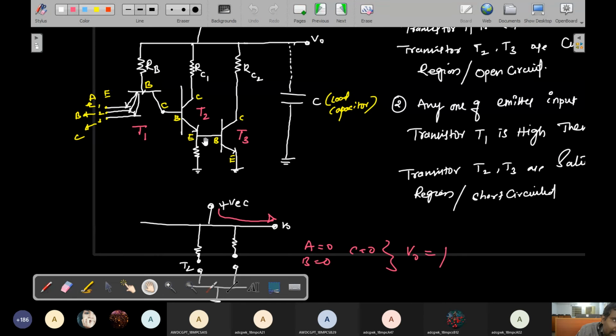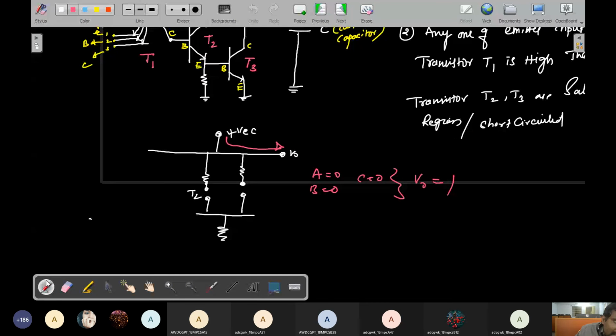Now the emitter of transistor T2 is connected to transistor T3, and it is also a high signal, so obviously it is also connected. Due to this connection, what will happen, see in this diagram, these two are right now connected.